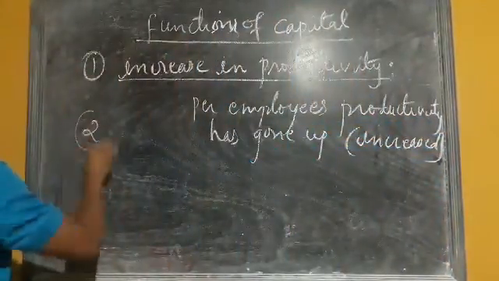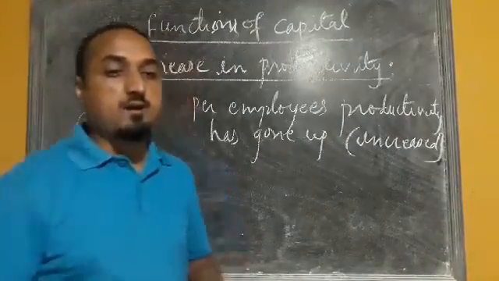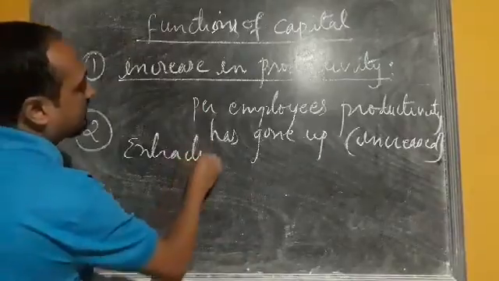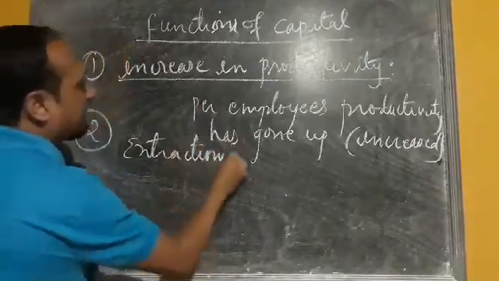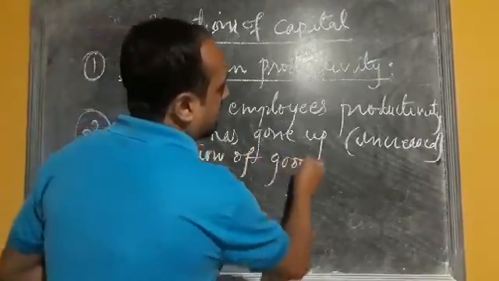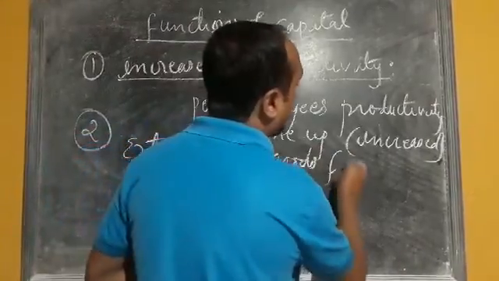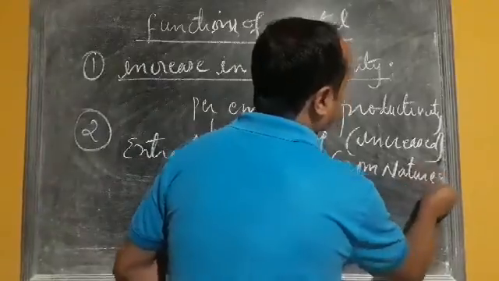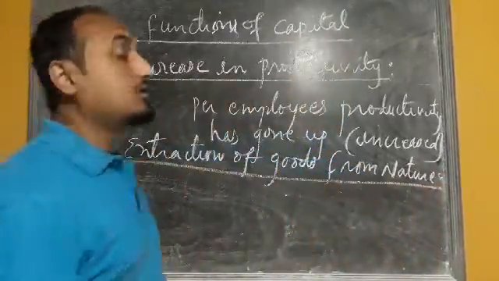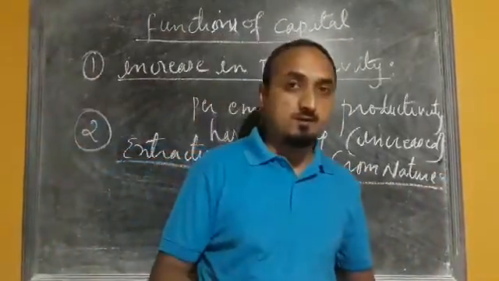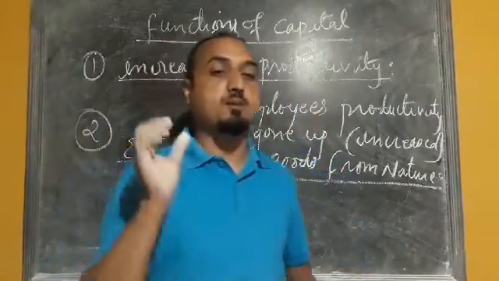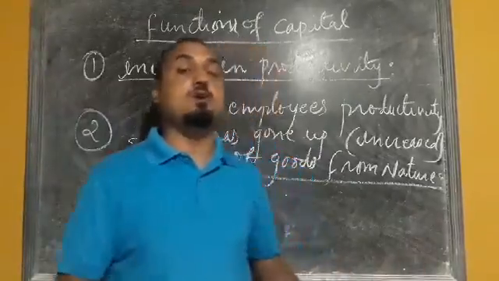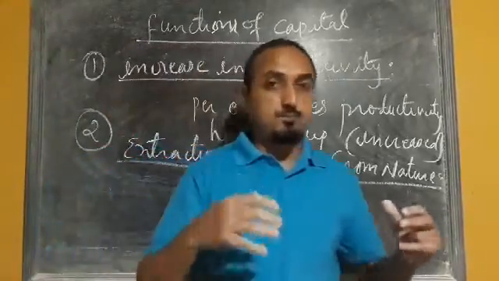Now second important function we have extraction of goods from nature. So important function or the role played by capital in this modern economy is that it has become easier to extract the different mineral resources, such as petroleum.